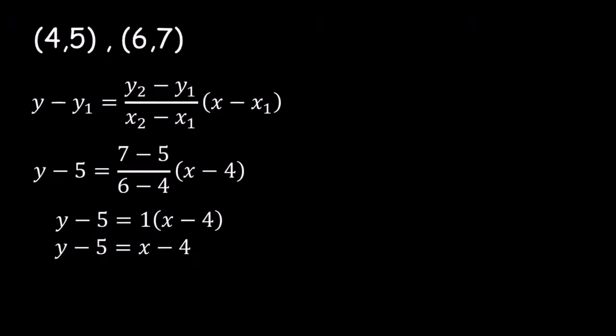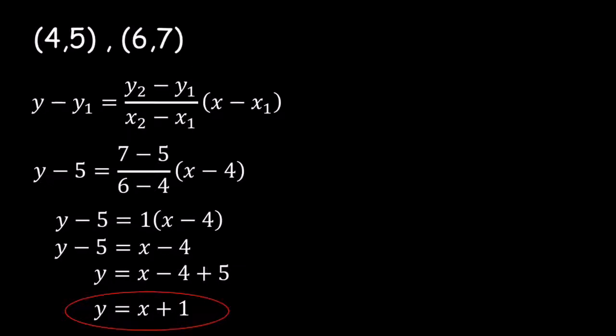The next thing we'll do is transpose negative 5 to the right side so that y would be left alone and we'll get the slope-intercept form. It would be y equals x minus 4 plus 5, or simply y equals x plus 1, which is our two-point form.